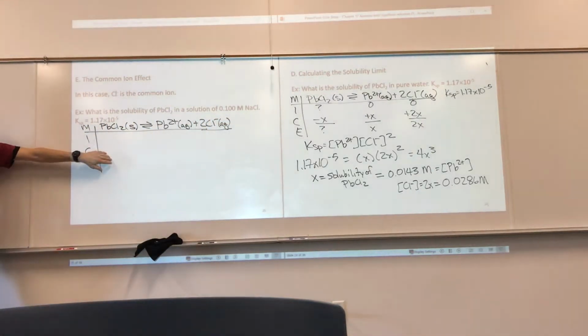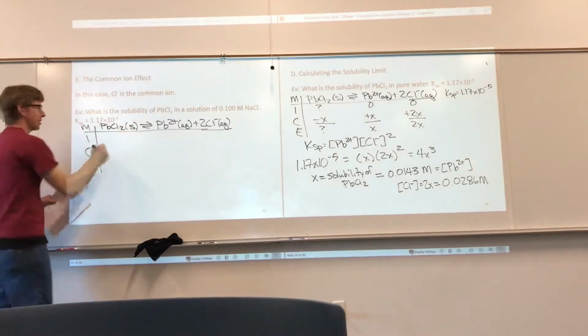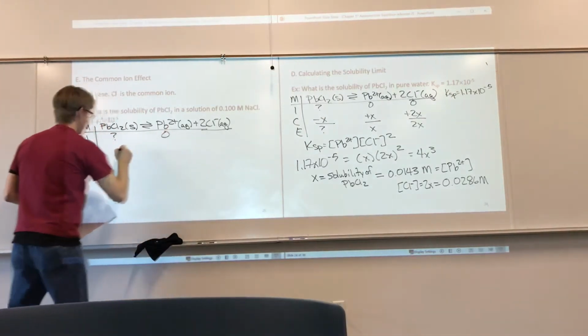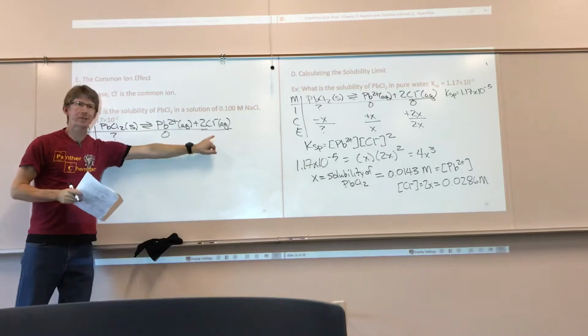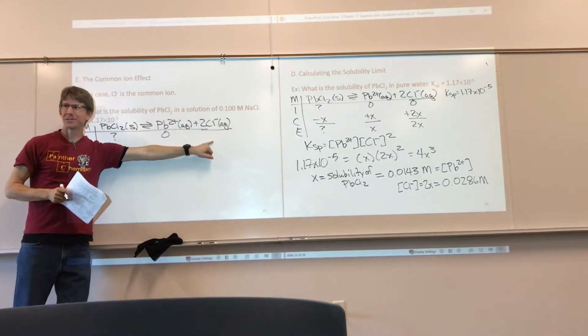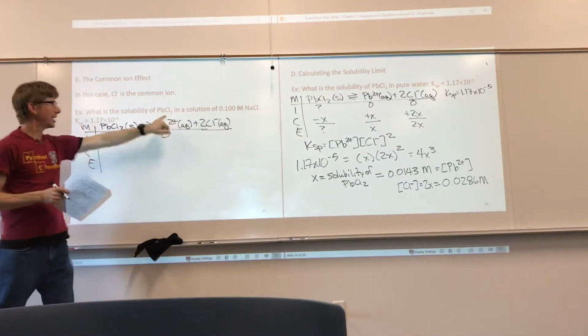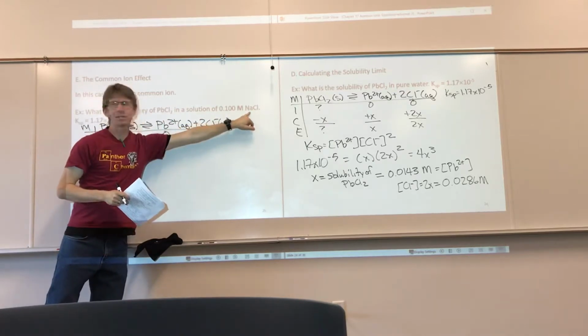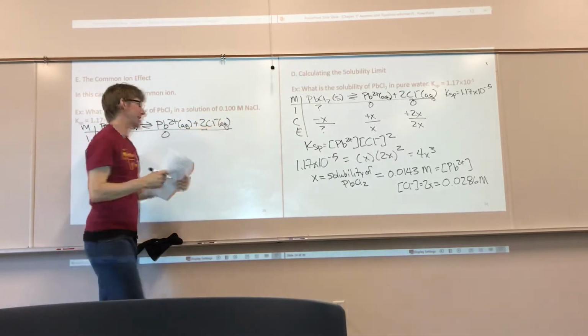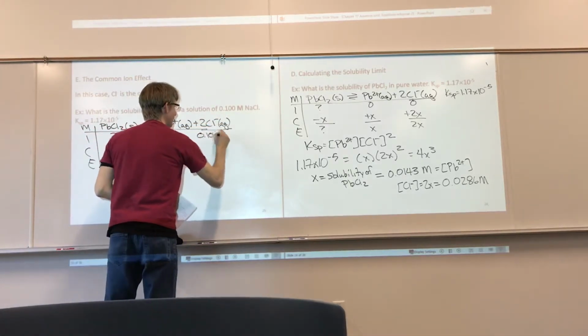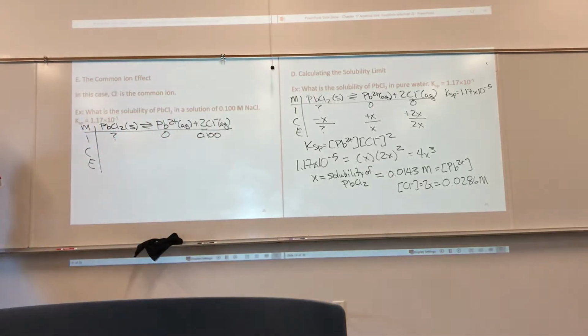Same ice table, same question mark, but now we have a concentration of chloride. We have 0.100 molar sodium chloride. That means we have 0.100 molar chloride ions. Sodium, again, a spectator. Chloride, usually a spectator, but this time it's important.